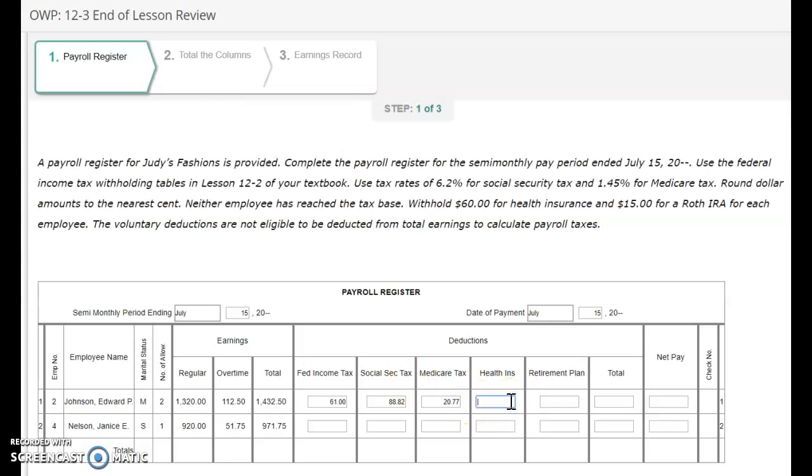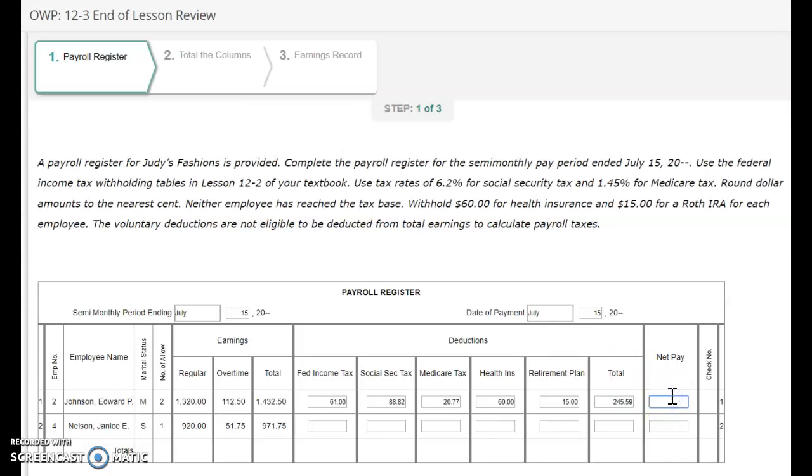Health insurance, I know that I'm just going to take out 60. Retirement, 15, and now I need to total, so I'm going to add all my deductions together here. And I'm going to get 245.59.